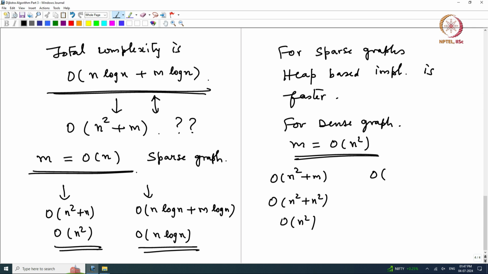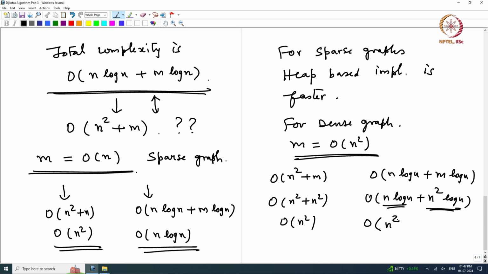Whereas order n log n plus m log n becomes order n log n plus n square log n. This is a smaller term, this is the dominant term, therefore, this will be order n square log n. Lower order terms do not contribute in big O complexity. So, this is n square, whereas this is an n square log n algorithm, that is slower.